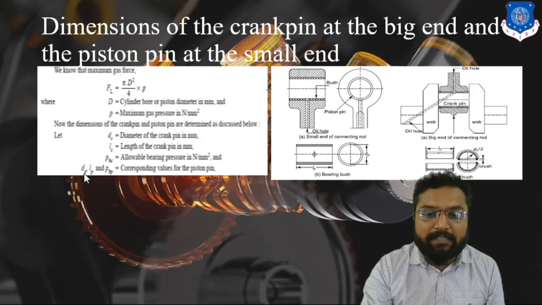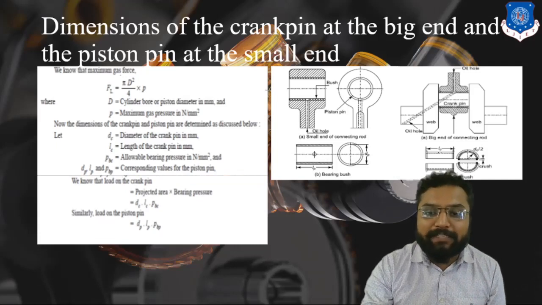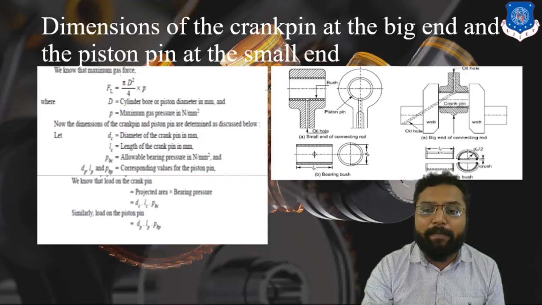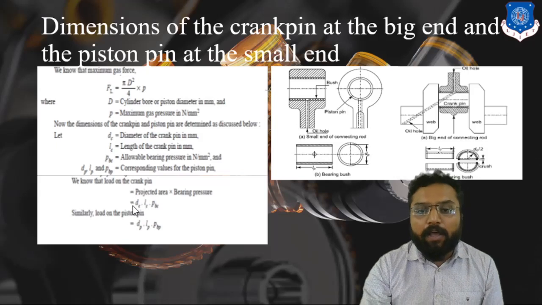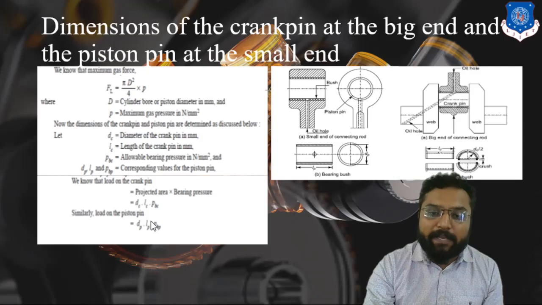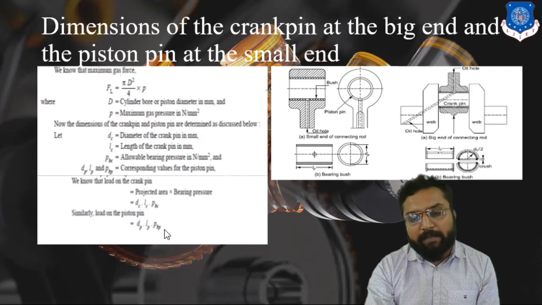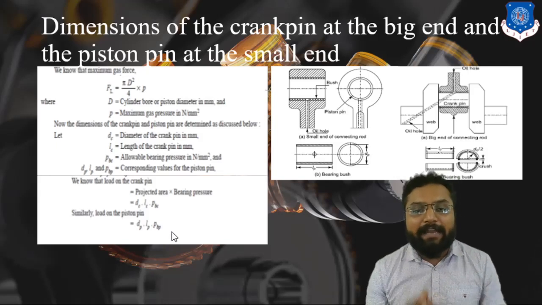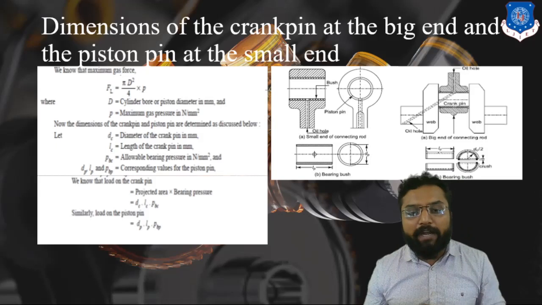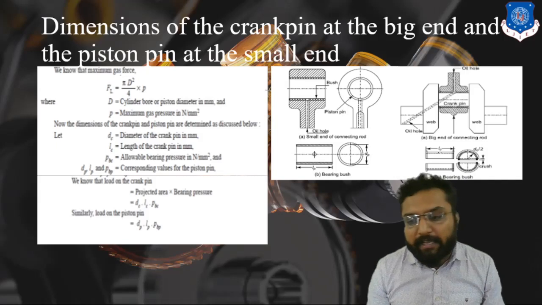On the same criteria, this is the diameter of the piston pin, length of the piston pin, and bearing pressure. So here we have determined the projected area of the crank pin and piston pin. For the crank pin, it is a rectangular section, diameter into length into bearing pressure. For the piston pin, it is also diameter into length into bearing pressure. So this will be our design of the piston pin at the small end and the crank pin at the big end. Here the design depends purely on bearing pressure rather than anything else. Clear?